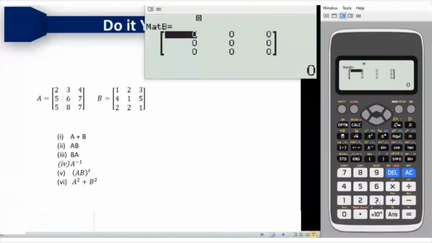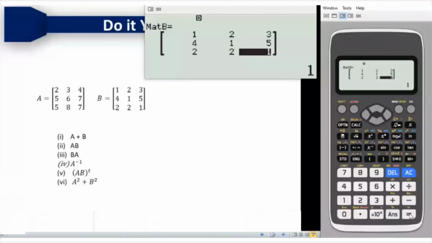And this is 1 equals, 2 equals, 3 equals, 4 equals, 1 equals, 5 equals, 2 equals, 2 equals, 1 equals. Please tally 1, 2, 3, 4, 1, 5, 2, 2, 1. So we have defined matrix A and matrix B, and now we'll perform the relevant task.